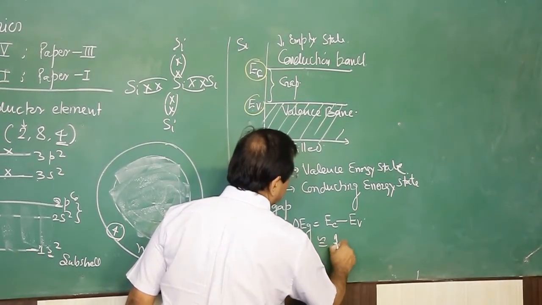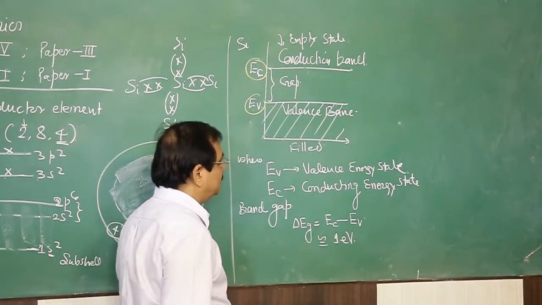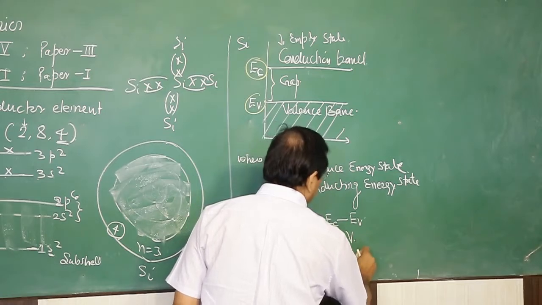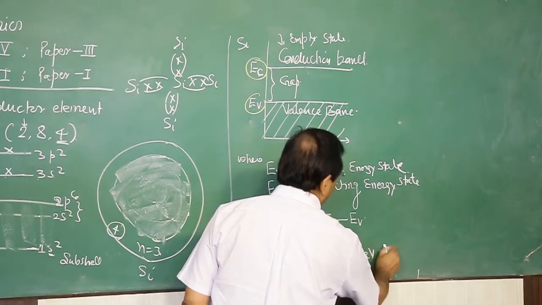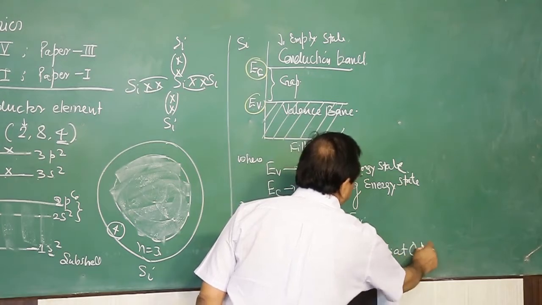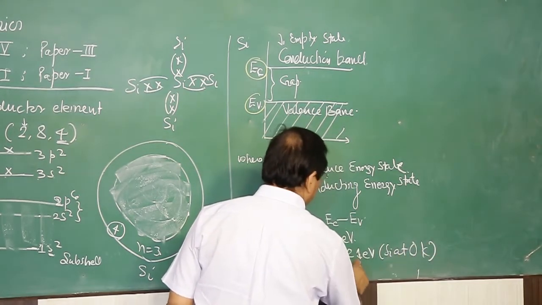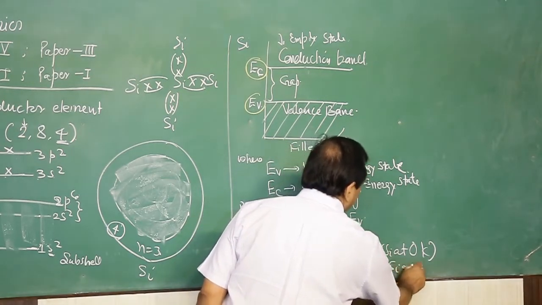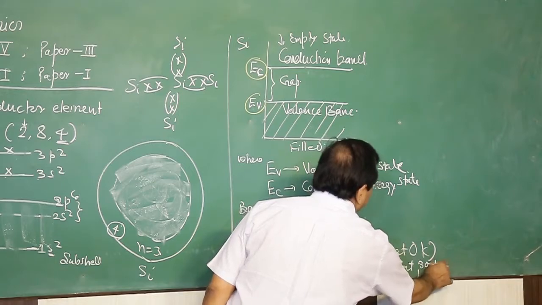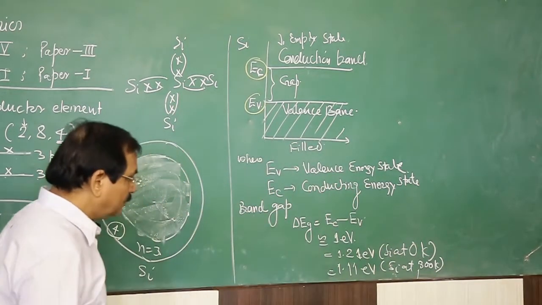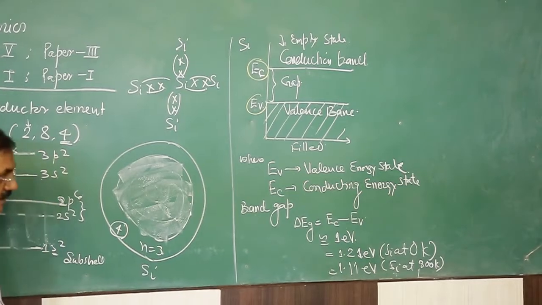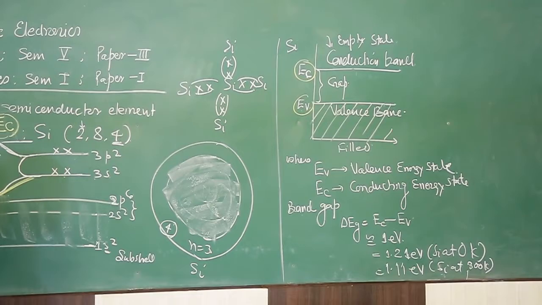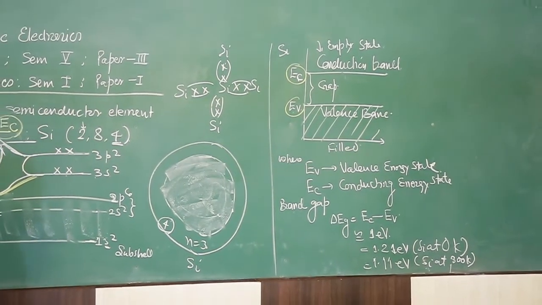Normally this value is 1 electron volt, but in case of silicon, it is 1.2 electron volt at 0 Kelvin and 1.11 electron volt at room temperature, that is 300 Kelvin. So, this is the energy gap that is there in case of silicon at room temperature.